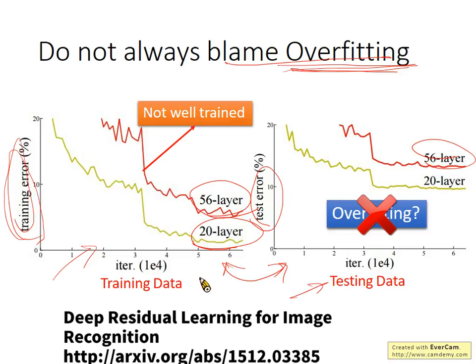And this situation is different from conventional machine learning models like SVM, because in a support vector machine, when you construct a model, that means you already solved the mathematical equation that is defined for the support vector machine.